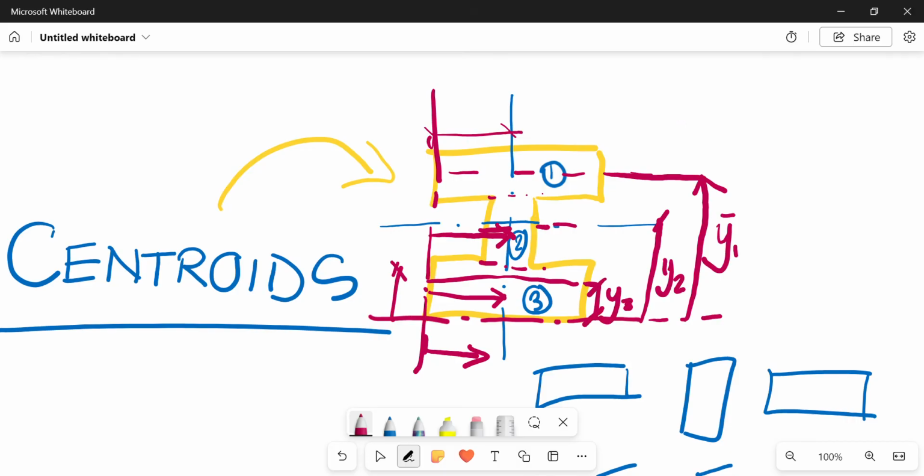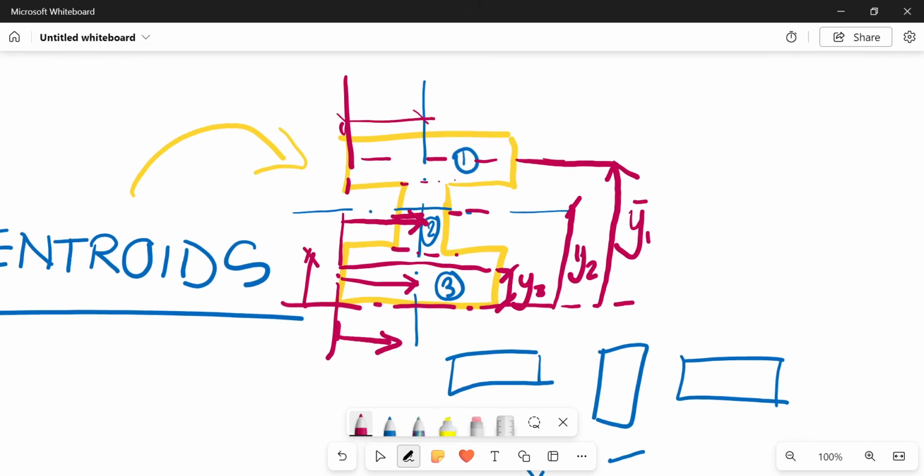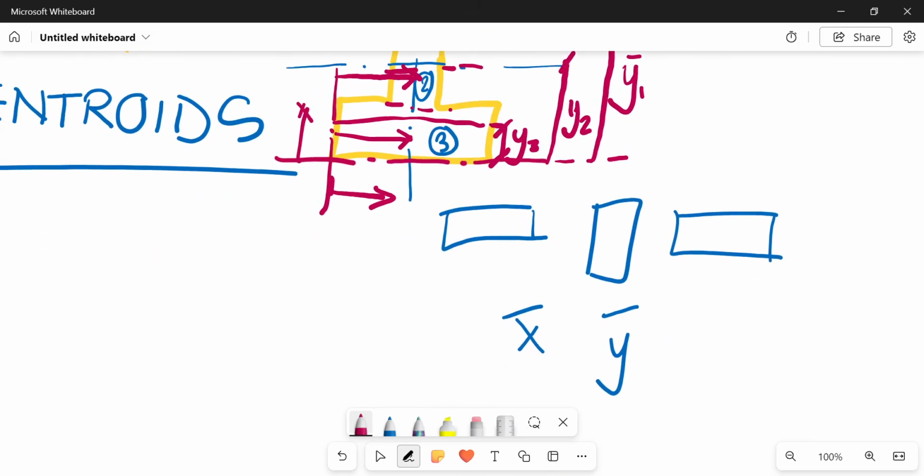Now I'll get back to what goes wrong if you don't do it this way. If you've decided to separate your shapes like we see in here, when you calculate your x bar, you are simply going to take it from that point to the halfway point, and you'll have a value for your x bar. It might be correct for shapes that originally touch on your point of reference.